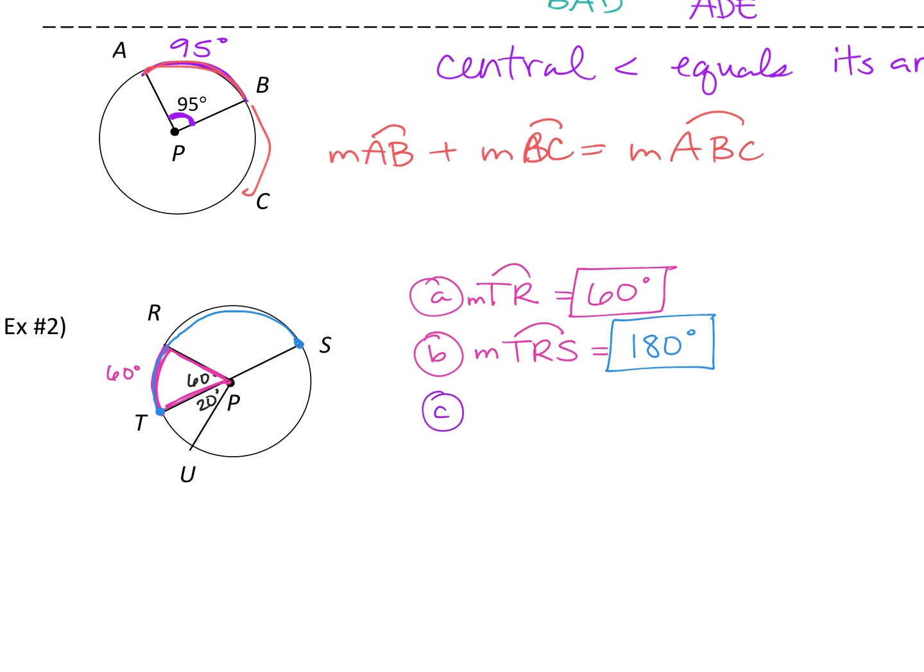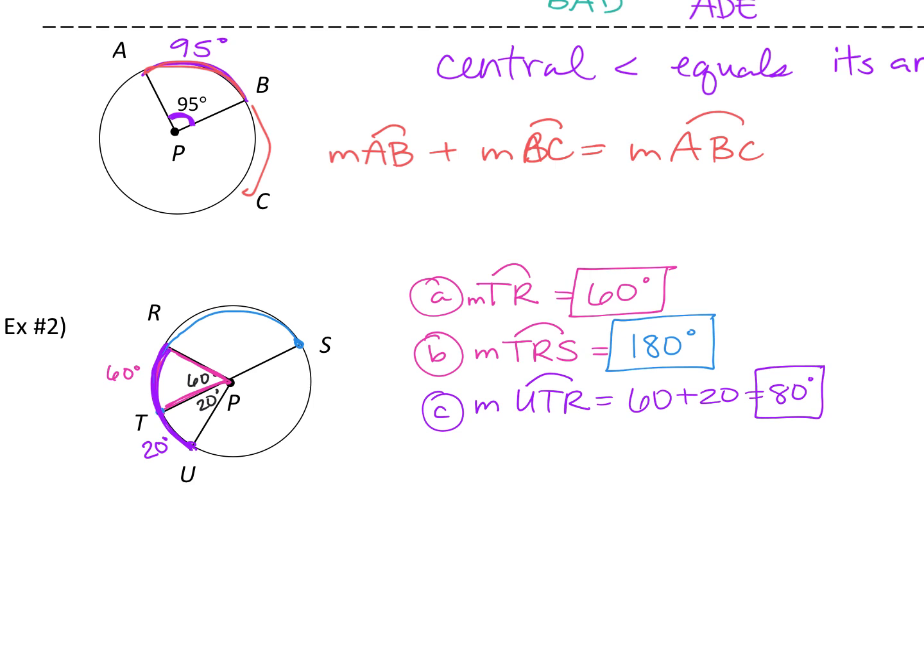Okay, so then what's the measure of arc UTR? It's 80. If you go from U through T over to R, this central angle is 20, so the arc is 20. This is the arc addition postulate. 60 plus 20 gives you 80 degrees for that arc.